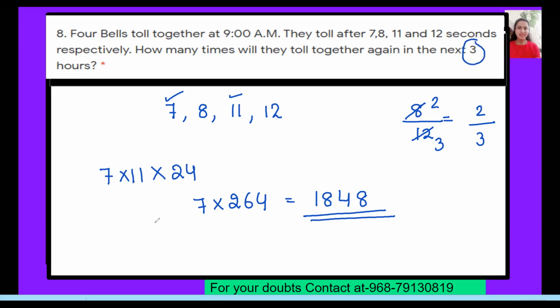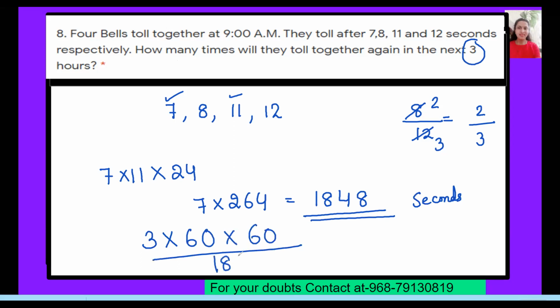So that will be the answer for how many times they will toll again in the next 3 hours. So next 3 hours is how much? Because this is in seconds, how many seconds is it? 3 hours means 3 into 60 into 60. So we are going to divide it by 1848. And if you divide, how much will you get?